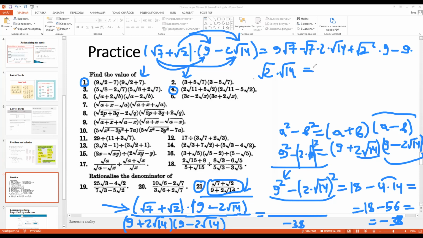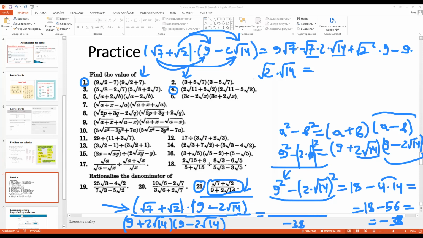Yep. And let's simplify them. If you multiply this one, you can multiply both of them, you know.